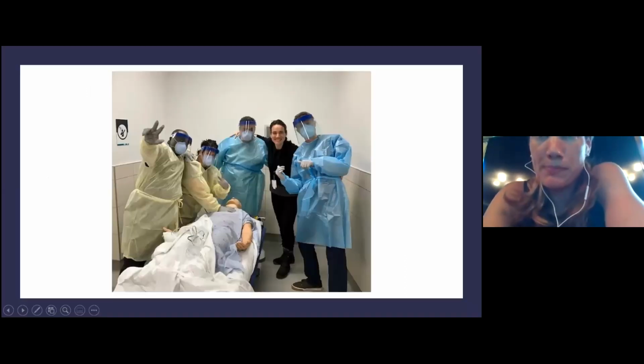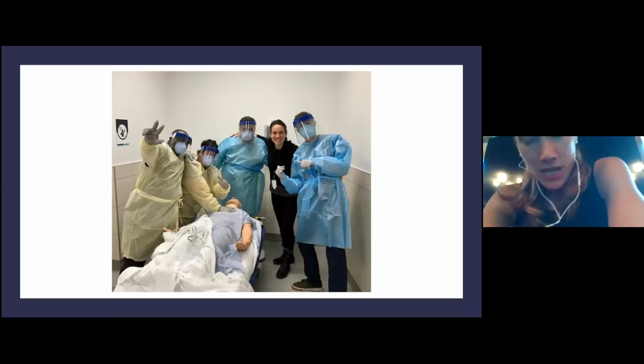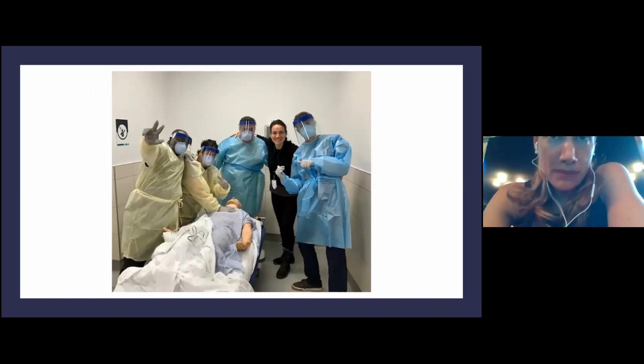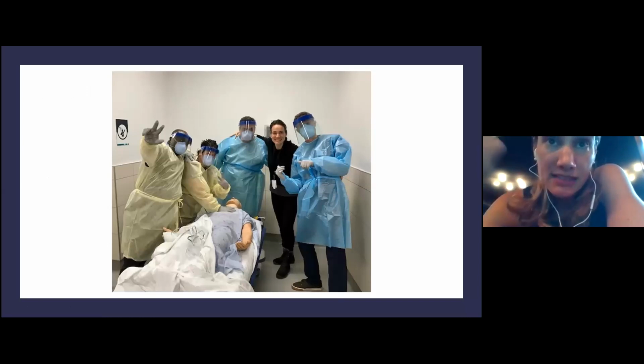But first, I just want to mention that when all this happened, March 12th, the confinement, it's not like we knew nothing about the pandemic. We were in the preparation phase. We had conducted already a simulation in February. And you see at the time, we had different gowns for different types of procedures.